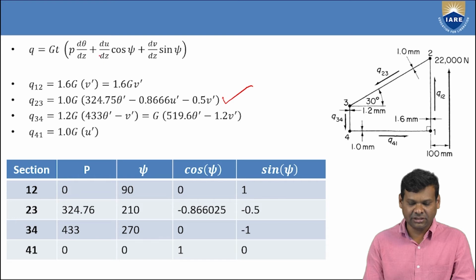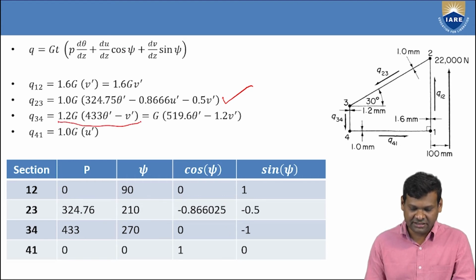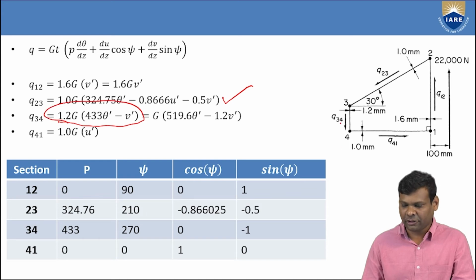Now let us look into Q34 and the perpendicular distance. For Q34, P is 433, the angle is 270, cos phi is 0 and sin phi is minus 1. Then I got this, and the thickness is 1.2 mm from the geometry.